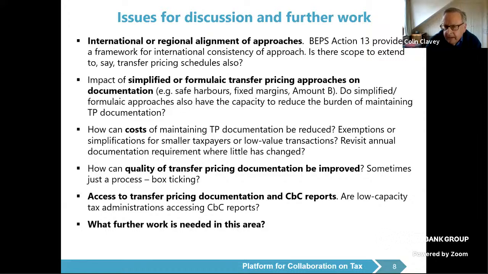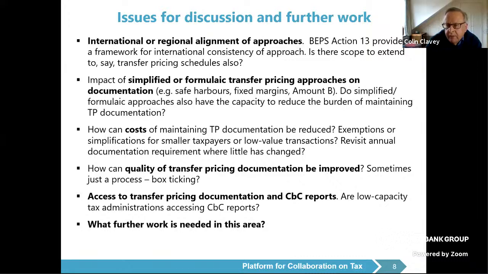The second one, we want to explore the implication of simplified or formulaic transfer pricing approaches for transfer pricing documentation. We were thinking of things like safe harbors, fixed margins, Amount B in Pillar 1, and really asking whether simplified or formulaic approaches have the capacity to reduce the burden of maintaining documentation.